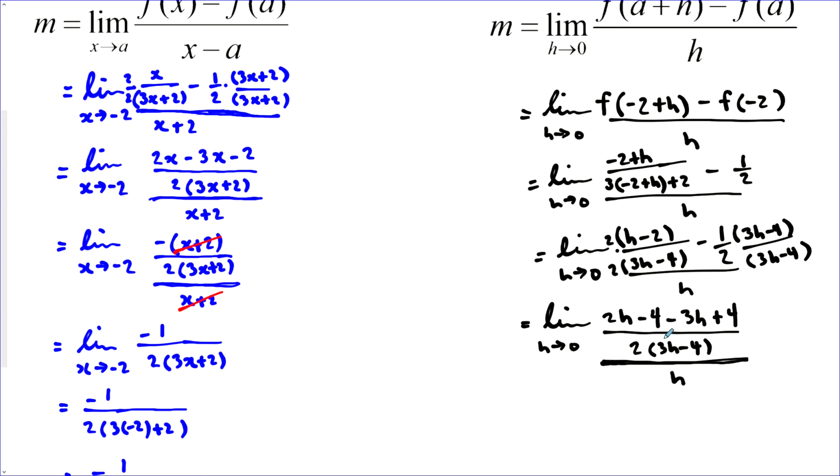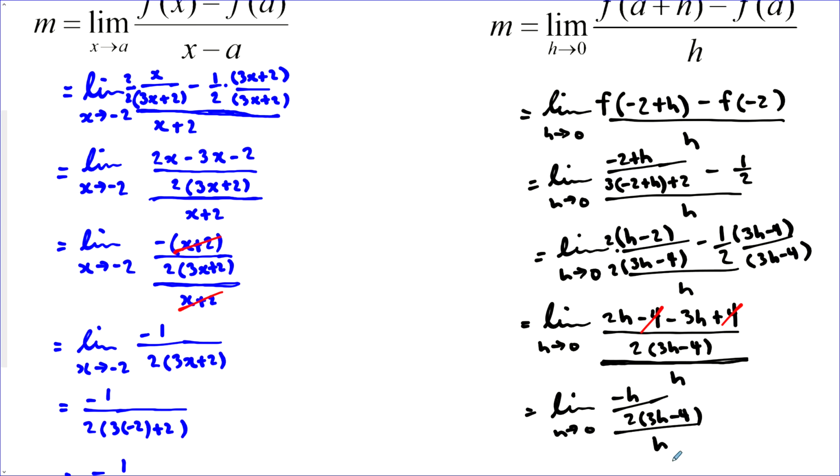I'm going to clean up this top here. So I've got the limit as h approaches 0, and the h's cancel, the 4's cancel, and I'm just left with negative h up here, and that's perfect because that will cancel out with this h here.